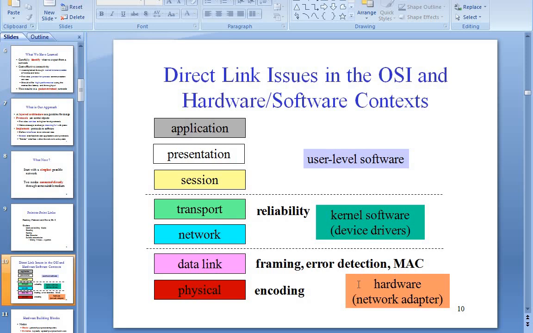So let's map our five issues here. Encoding basically occurs at the physical layer. Our physical layer is concerned with encoding, while the data link layer is concerned with framing, error detection, and medium access control.